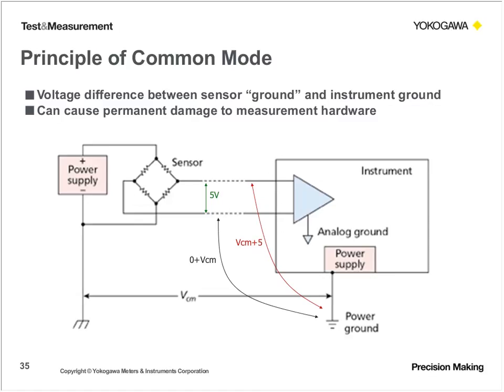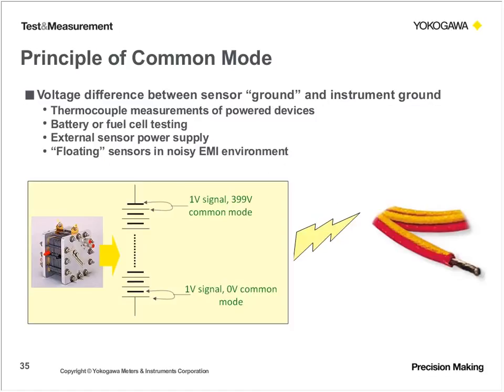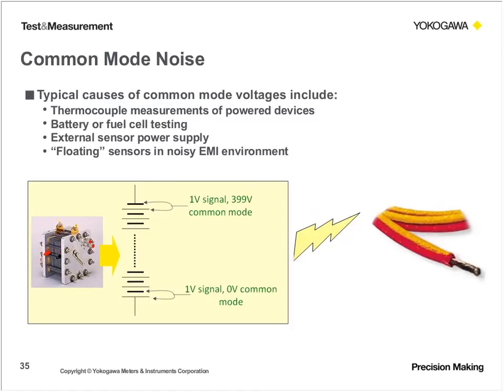It can even damage your measurement hardware if you're dealing with sensitive equipment that is not able to handle large voltages. The noise will go back into your instrument or into your sensor as an analog voltage, and that's what will damage the equipment. It's a very costly mistake.